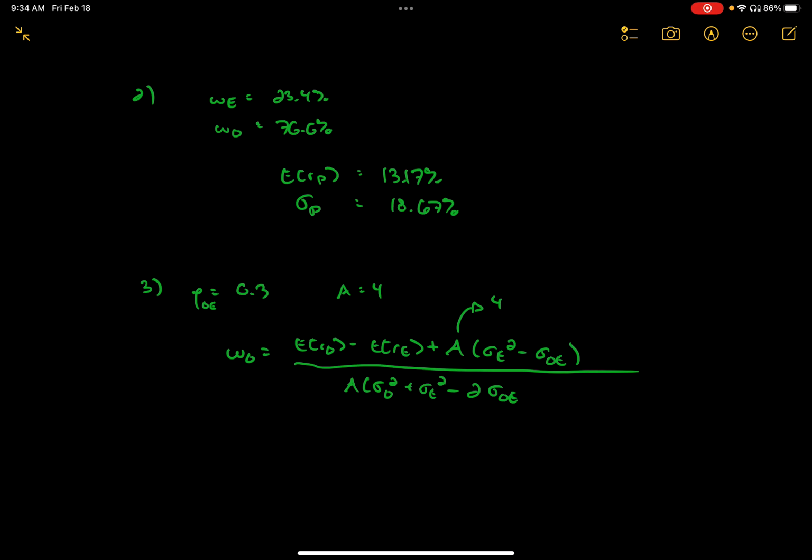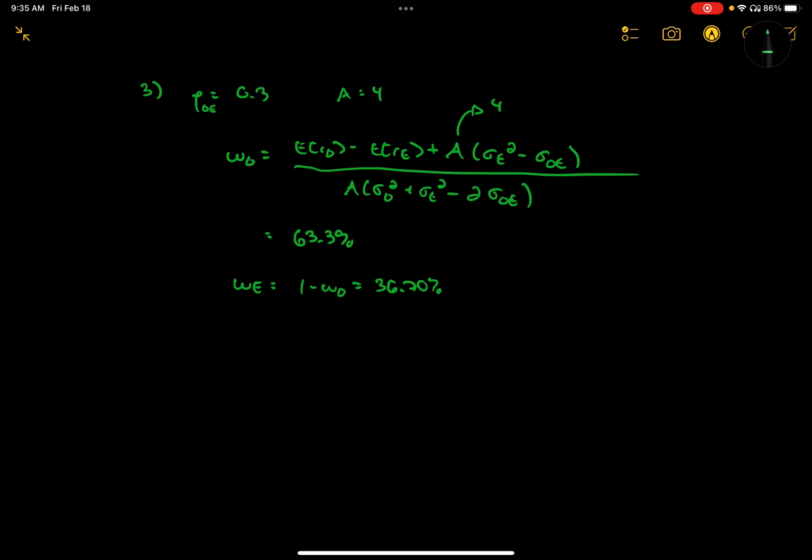Yeah, I think that's correct. And again, as usual, if we replace the values that are given to us in the formula, we will find weight of D equal to 63.3%. The weight of E, which is 1 minus weight of D, is equal to 36.70%.